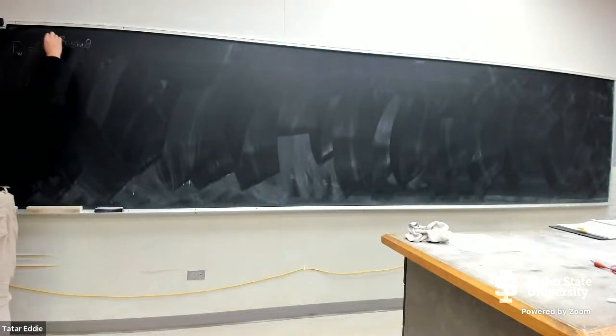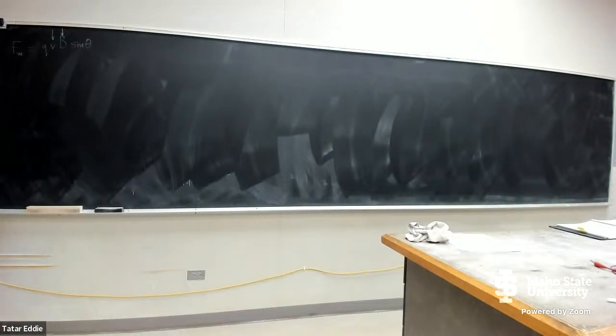And here the angle theta is the angle between the velocity vector and the magnetic field vector. So integral part of this equation, this is, by the way, called Lorentz law.